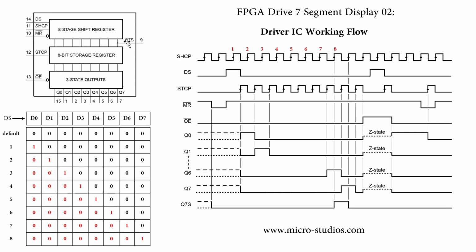You will see here, after the 8 clocks, we will get the Q7S data. This is the Q7S data, from here. After the 8 clocks, the Q7S is the serial out data. It means the first bit of the FIFO will move out to this pin.